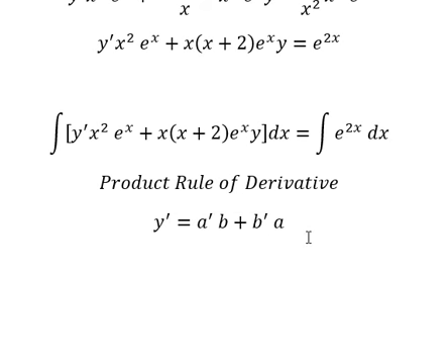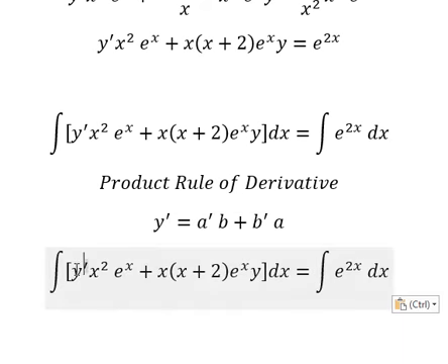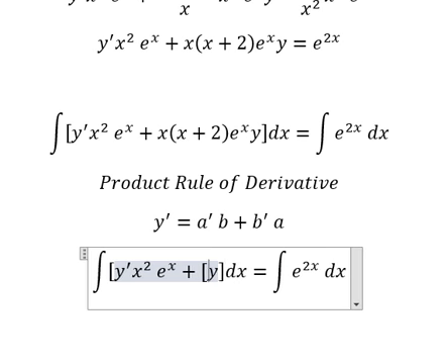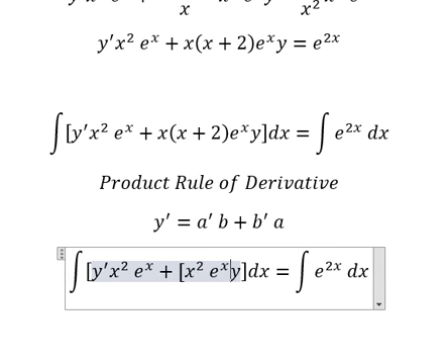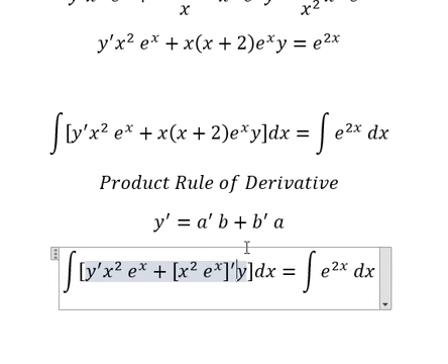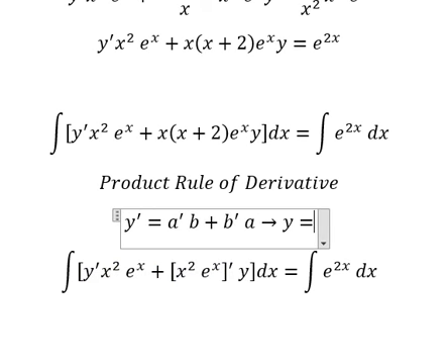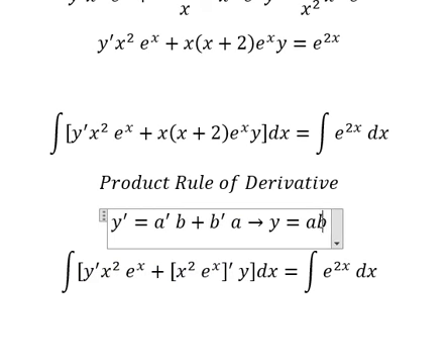So if we look carefully at this one, we have the first derivative of a multiplied by b. This one is the first derivative of b multiplied by a. So the integration of this one, we have y equals ab.